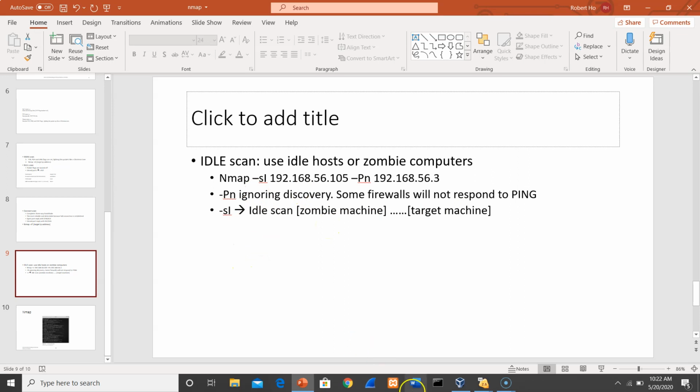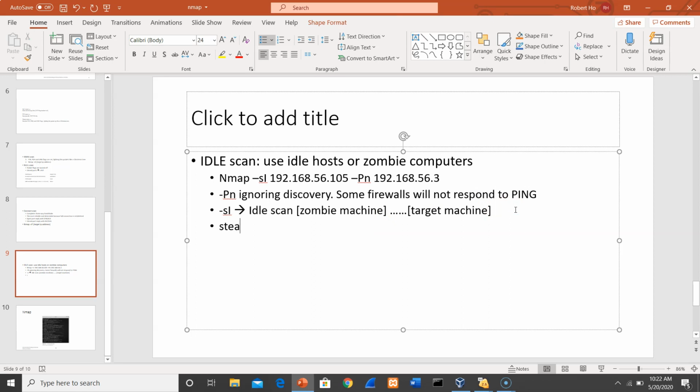So when you run an idle scan, basically this is called a stealthy scan. That means it escapes detection. We are actually the ones running the Nmap scan, but using the zombie.